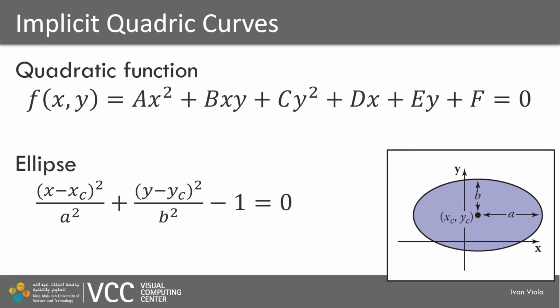One of such quadratic functions could be, for example, a function of an ellipse. We can see here that it looks similar to a function of a circle, meaning that we have a quadratic function of x at a distance from a certain center.